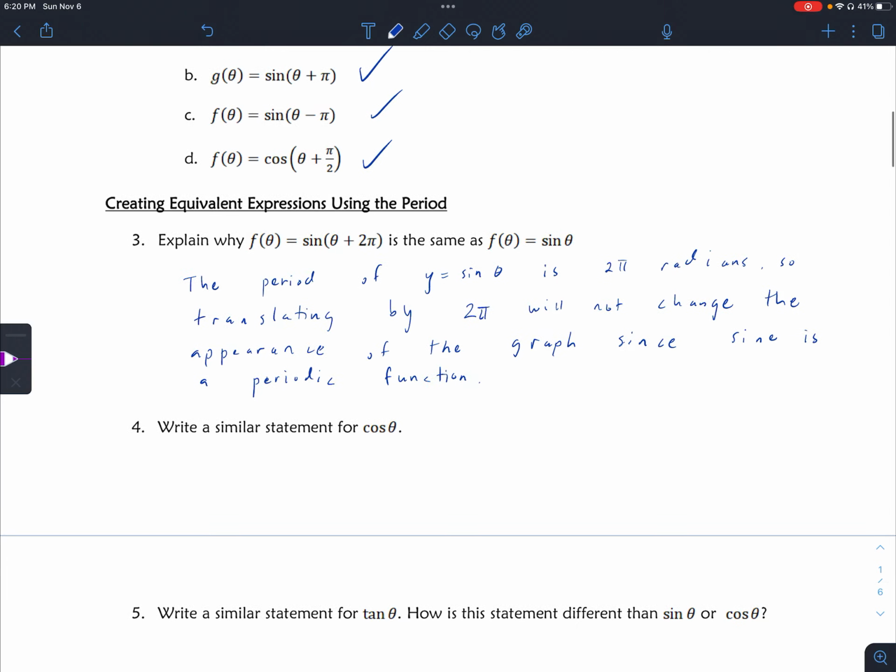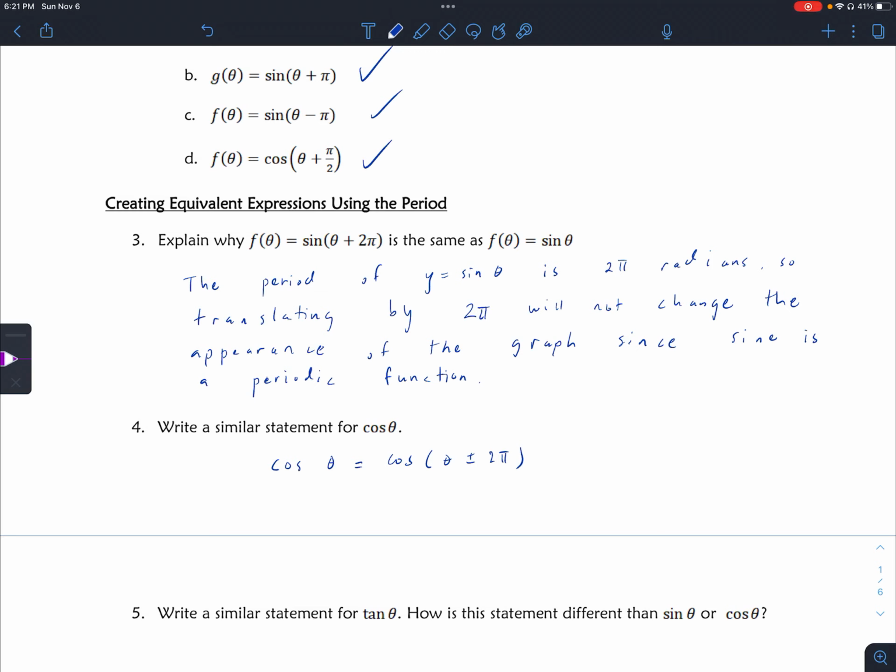All right, so we want to write a similar statement for cosine theta. What we can write is that cosine of theta is going to equal cosine of theta plus or minus 2 pi.